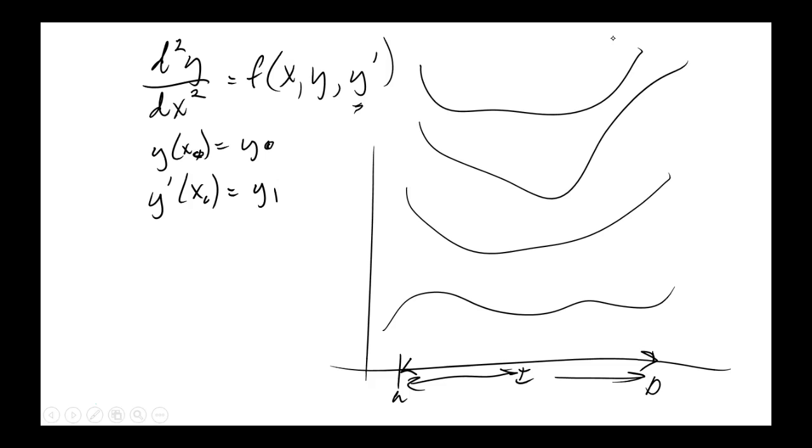But at any value, say x sub 0, here, you have a y sub 0, but we also have the first derivative of y at x sub 0 is this. So the slope here, let's call it m1, would be y1. At that particular point, you know that. So you know the position at x0 and you know the slope at x0.